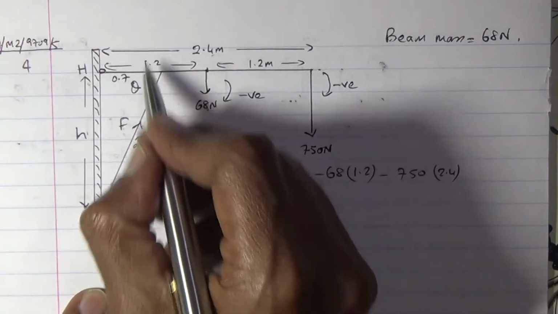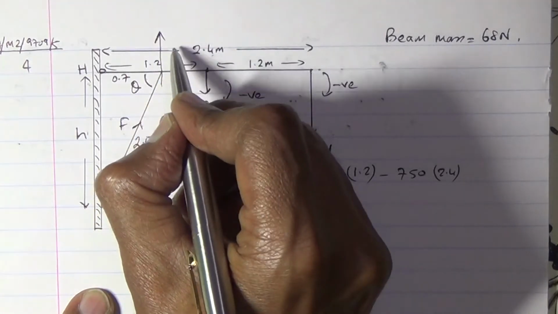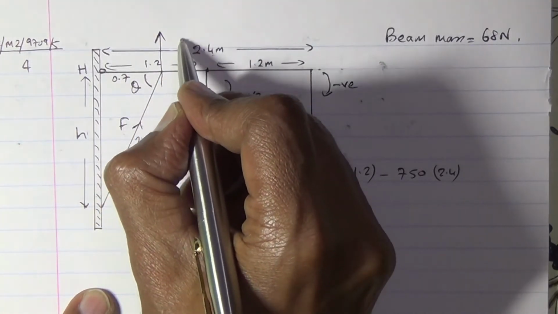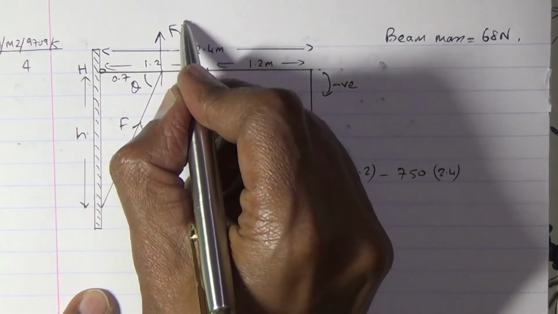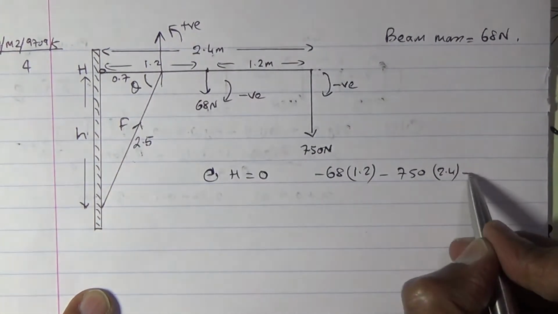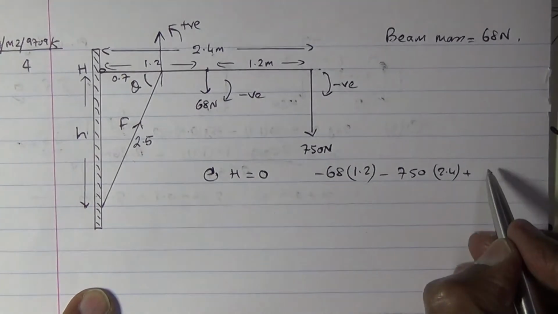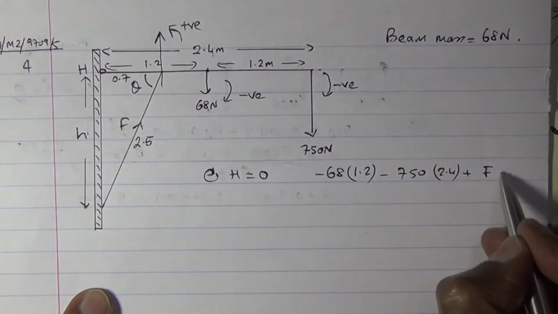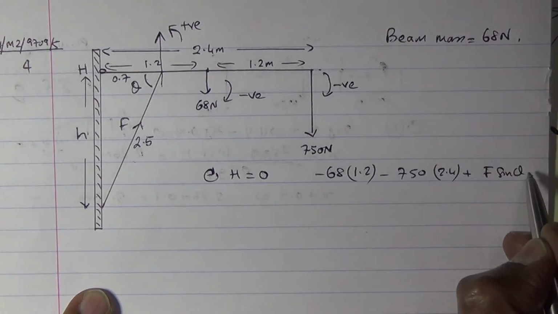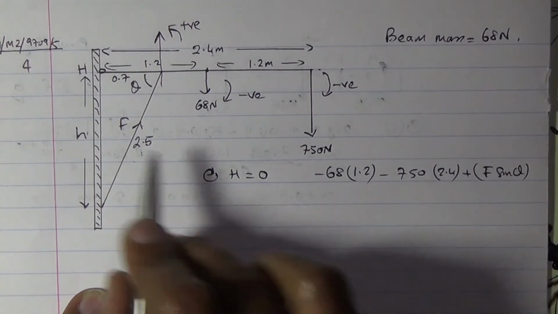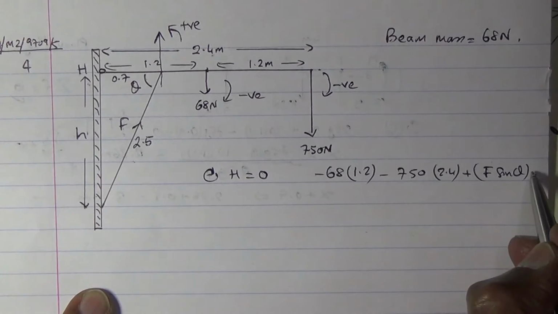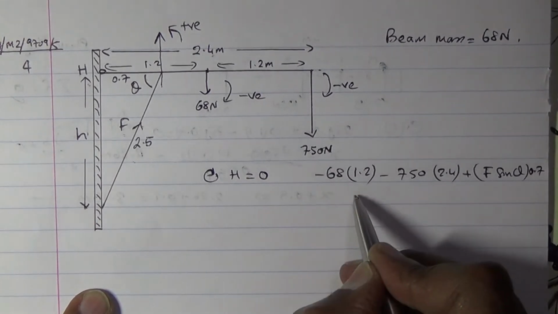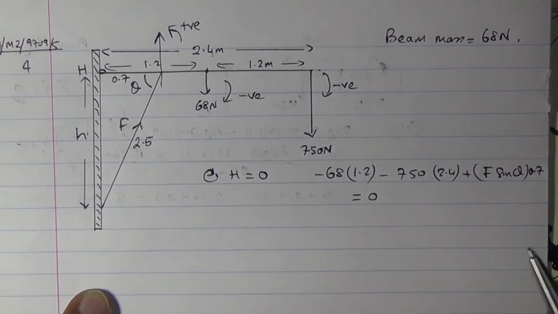Since this force is acting upward, it tends to go in an anti-clockwise direction, which is positive. So I'm going to add the force times the sine of theta times its distance away from the hinge, 0.7, and all of that should be equal to 0.